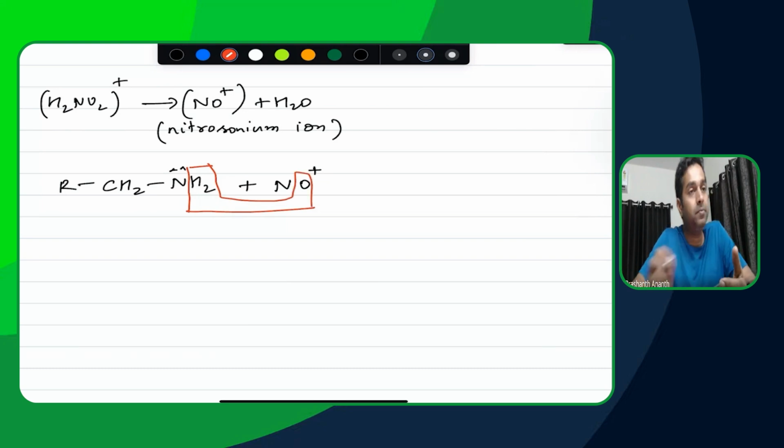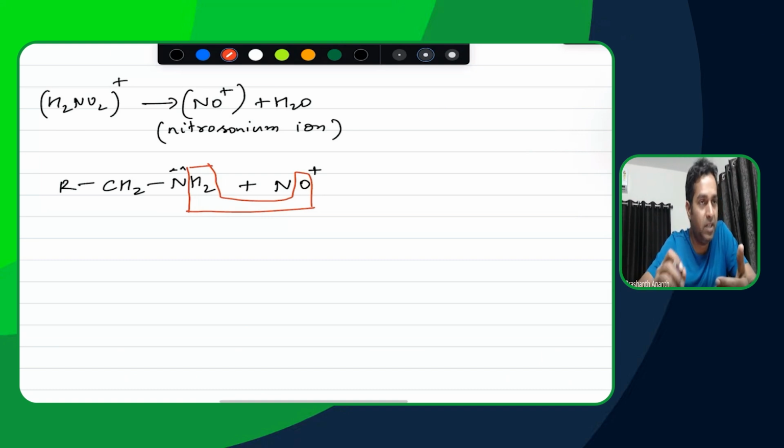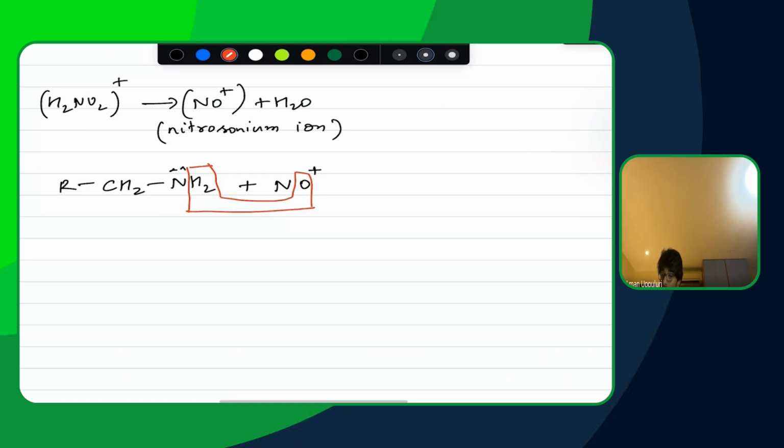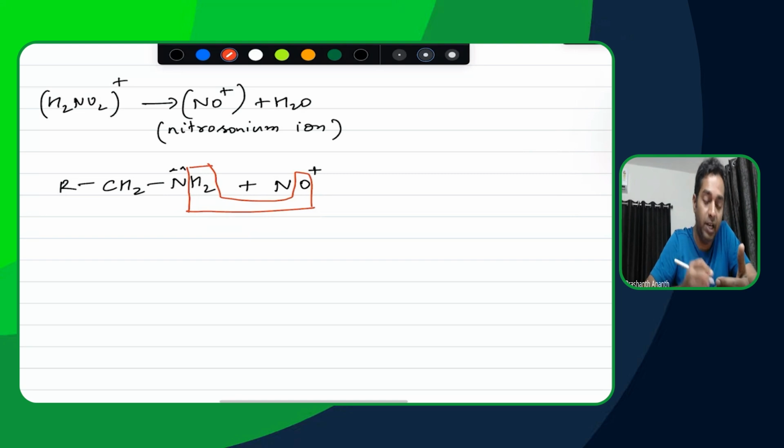Forget about the mechanism. This is not a one-step reaction. It will happen in a bunch of steps sequentially, and we will have this H2O getting eliminated.